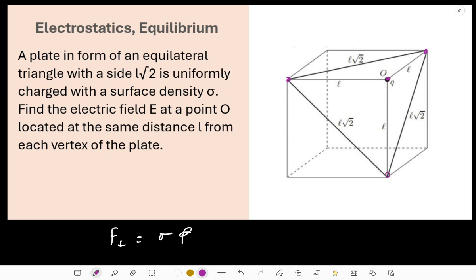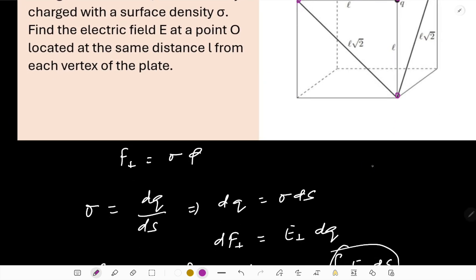That means I have a triangular plate here like this, and there is a point charge Q somewhere up. I can't show you in this diagram, but you have to imagine.